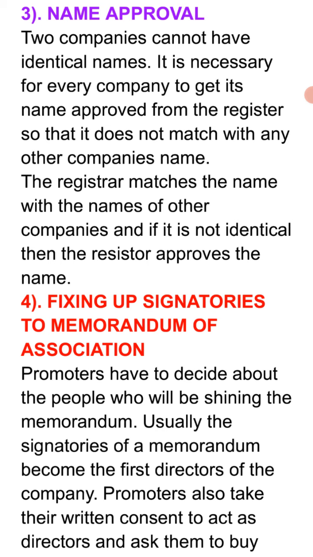Promoters also take the written consent from the signatories to act as directors, and also ask them to purchase the qualification shares. So the signatories become the first directors, and they have to purchase the qualification shares if they are not being sold in the market.